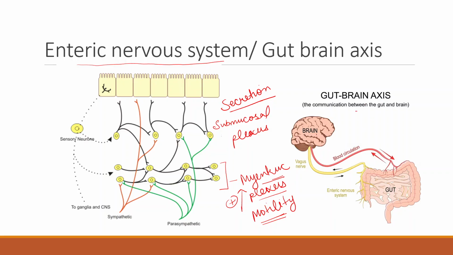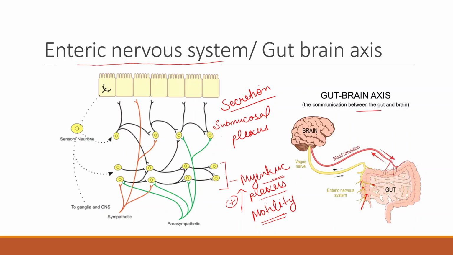And the gut-brain axis also we will discuss at last. So in gut basically there are various things, various digestive products, the microflora, the good bacteria, which can actually act on these nerve endings, and some signal can be transmitted to the brain via bloodstream, and in turn the vagus can basically increase the motility or increase the secretion.